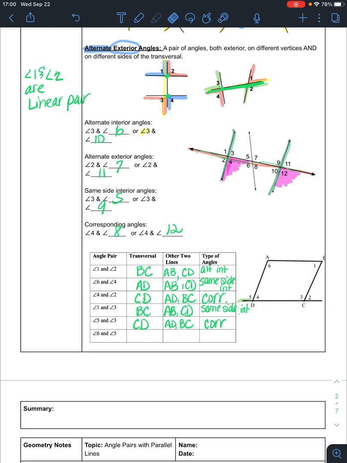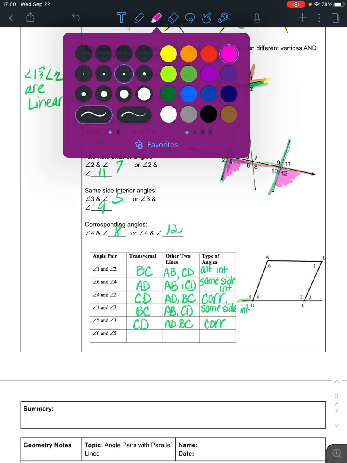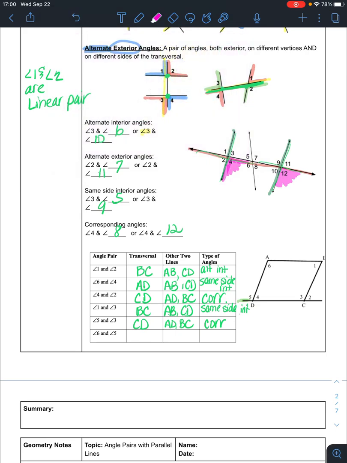Last one, let's look at what we've got. So 6 and 5. So we have 6 here. So we trace 6. So here's angle 6. And we trace 5. Now remember 5, the lines that form 5 extend all the way out, but here's angle 5. Okay, so you can see you've got one line that cuts across two lines.